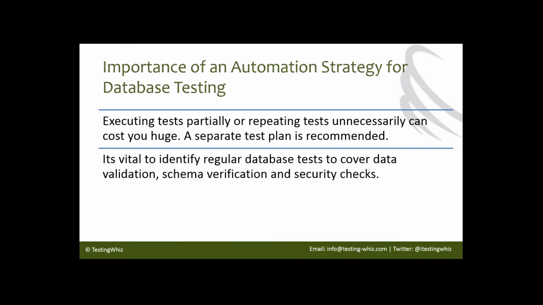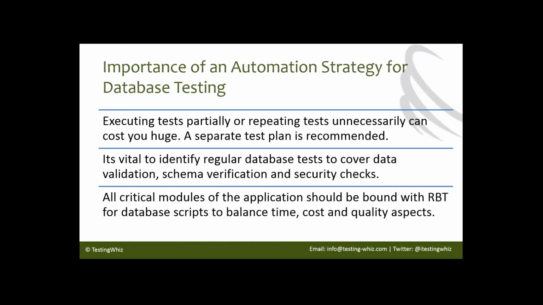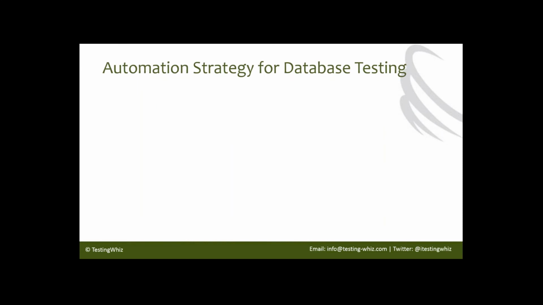It is vital to identify regular database tests to cover data validation, schema verification, and security checks. All critical modules of the applications should be bound with risk-based testing for database scripts to balance time, cost, and quality aspects. Quality needs to be periodically checked. Testing data quality is an ongoing continuous process.